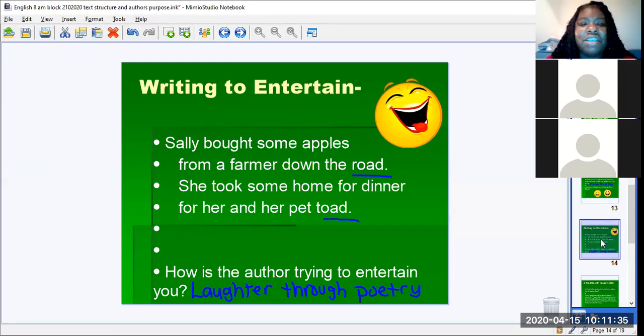But this is a poem, and it's entertaining us simply because we know toads don't eat apples. I mean, at least I don't think they do. So this would make somebody laugh. This will make somebody be like, ha, ha, ha, that's funny. You know, that whole little situation, okay? So remember.